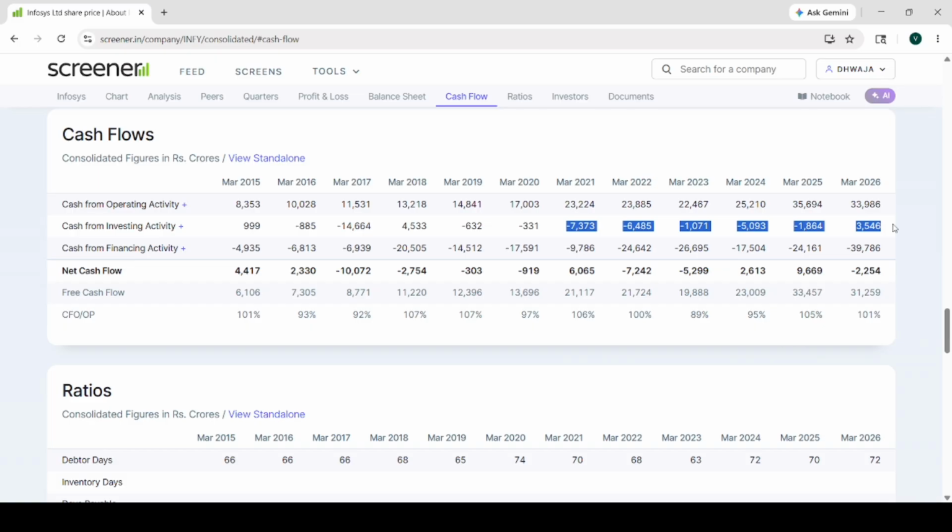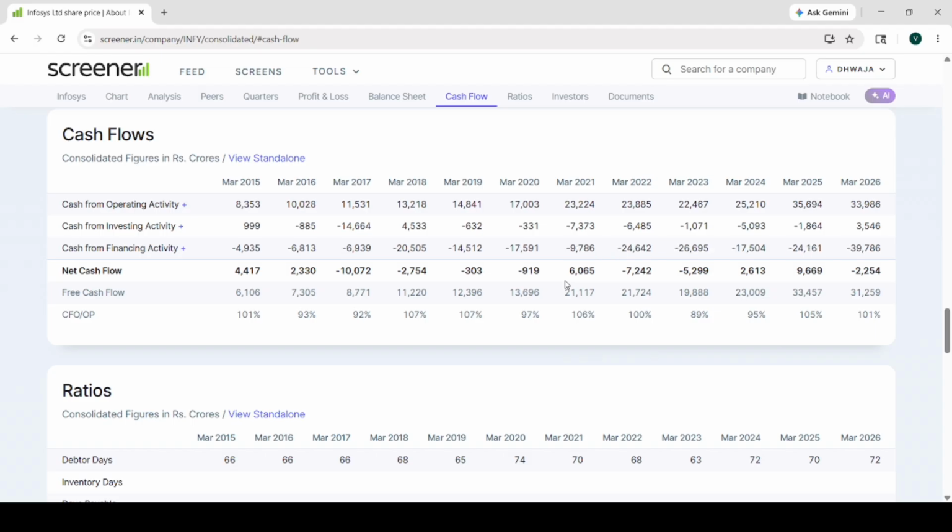Don't worry about the minus. See that the figures are increasing. In the next section, see financing cash flow for the last 5 years: the amount the company spends on dividends and buying back its own shares.